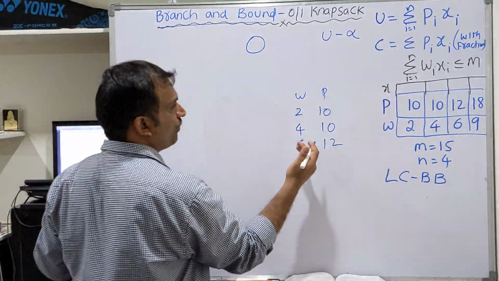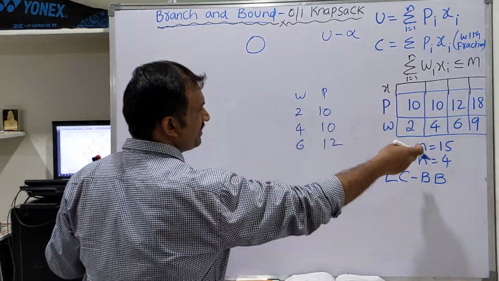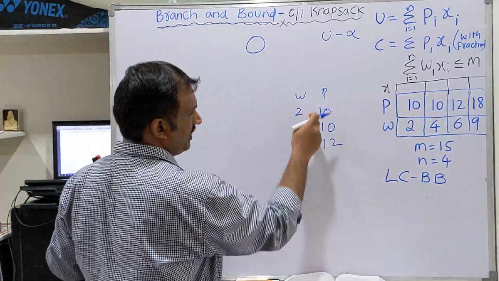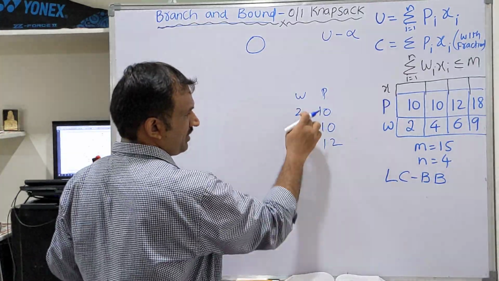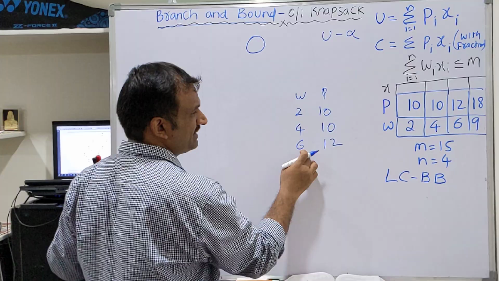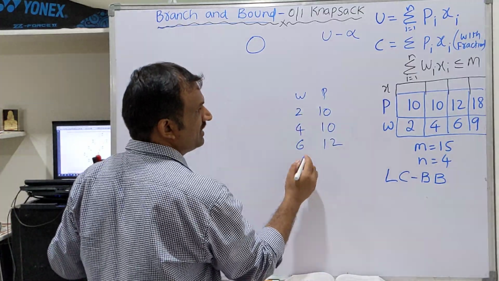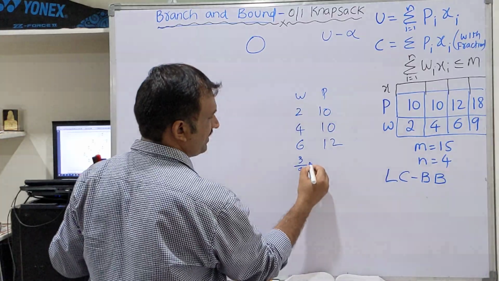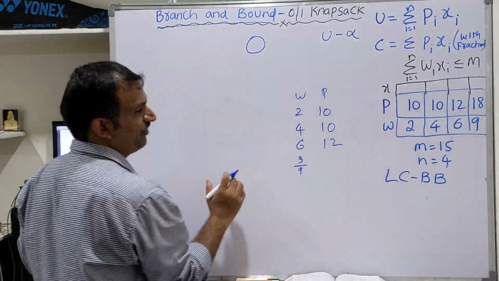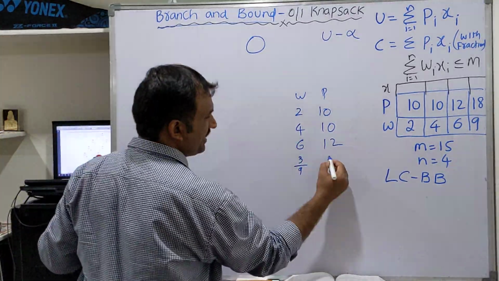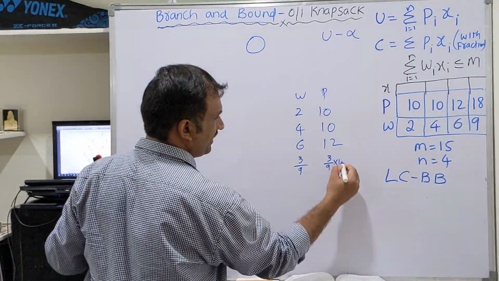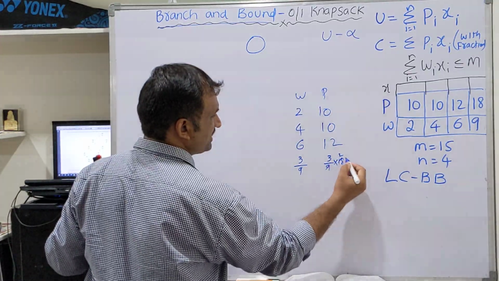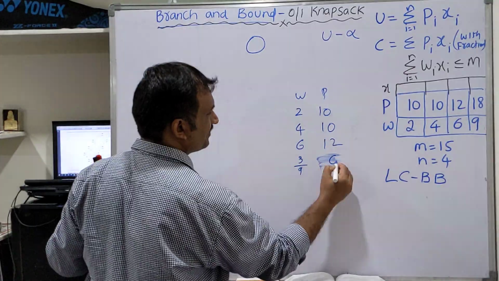We take the remaining part, 15 minus 12, which is 3. So we take 3 by 9 of the last item. 3 by 9 into 18 is 6.